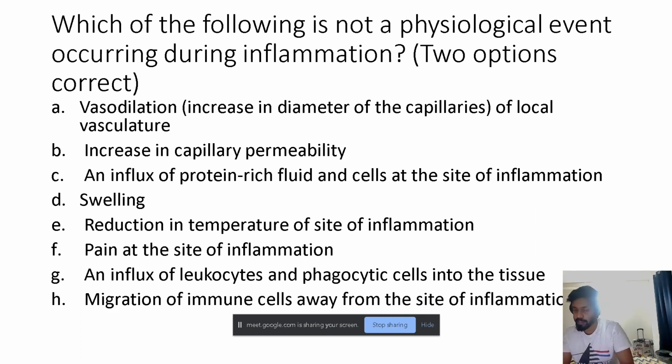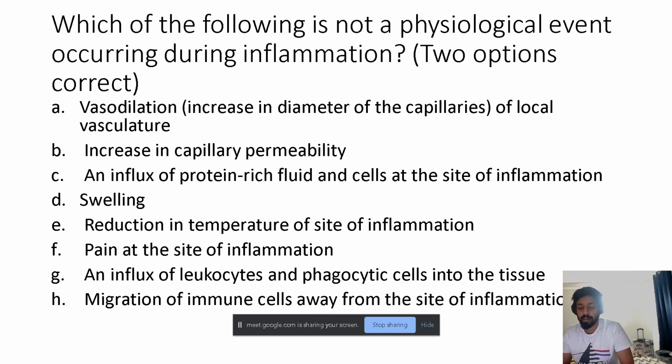As a result of which, there's swelling also, but there is no reduction in temperature at the site of inflammation, right? There is no need for any reduction in temperature, first of all, and there is increased blood flow to the site of inflammation. So there is no reduction in temperature. If anything, there will be a slight increase in the temperature, and there will be pain at the site of inflammation. So it's swollen, so it'll pain, and an influx of leukocytes and phagocytic cells into the tissue happens, right?